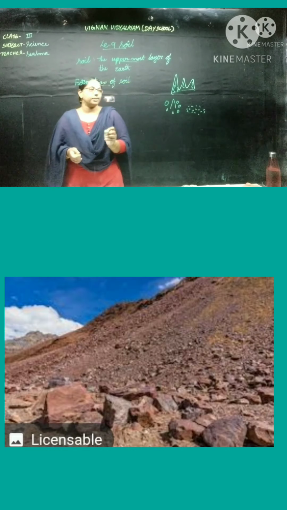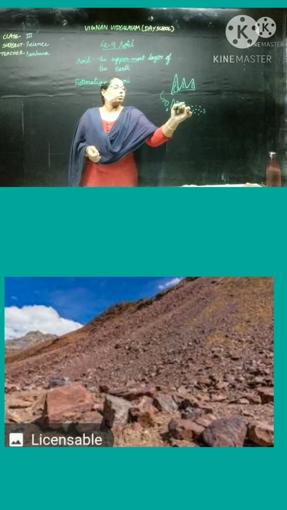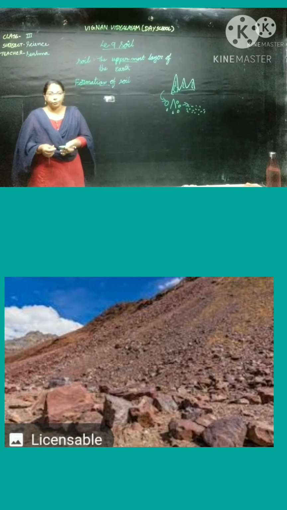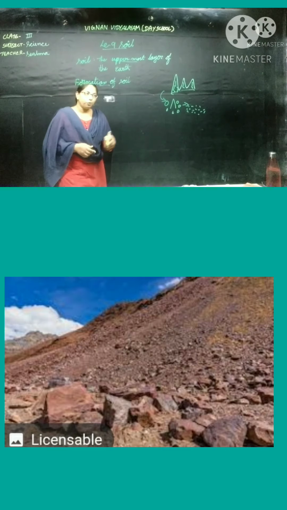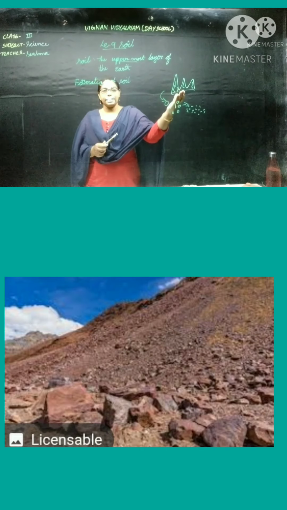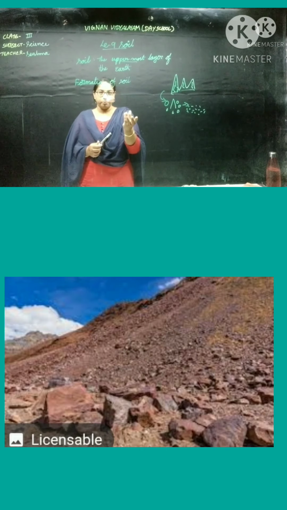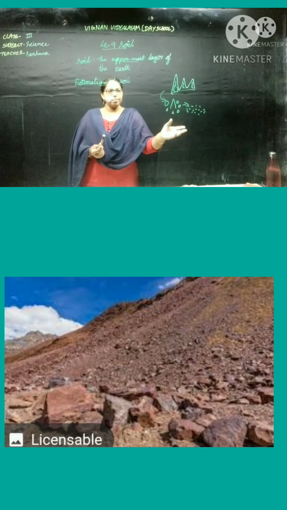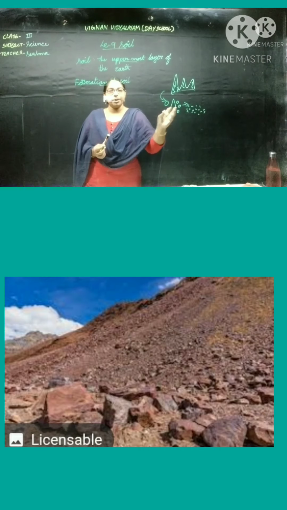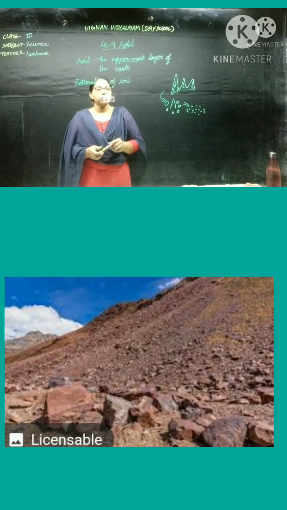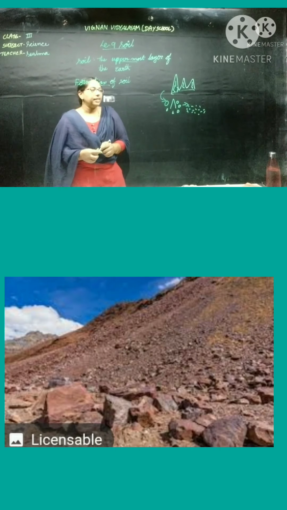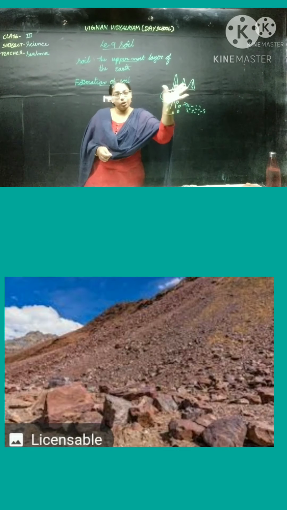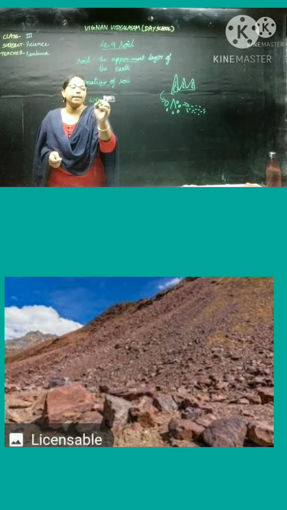Slowly the mountains started cracking and becoming small stones and pebbles, right? After this, because of the same conditions, these pebbles started breaking down and they formed soil. Okay, children? And this process, the formation of soil from the big rocks, is called weathering.